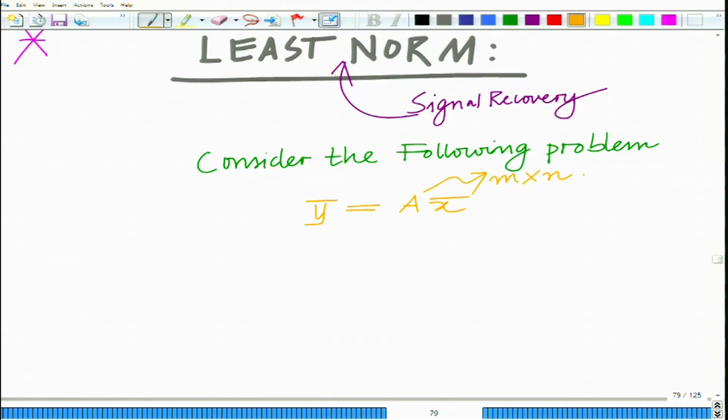But while previously m is greater than n in the least squares framework, we will consider a framework where m is less than n, that is the number of rows is much lower than the number of columns.